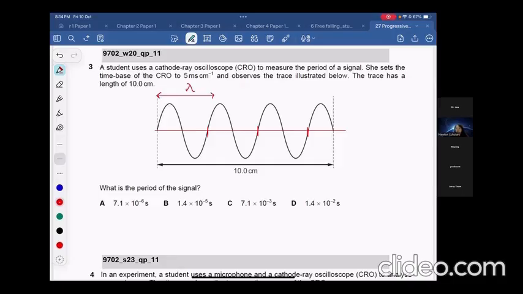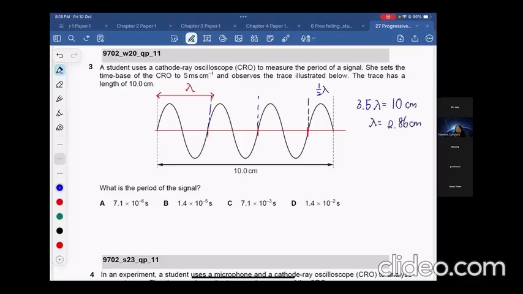Let me have a look. Vashini correct. Okay, dear, 10 cm, how many complete waves? So here, 1, 2, 3 and a half. So 3.5 wavelengths is actually 10 cm. One complete wavelength is 2.86 cm.